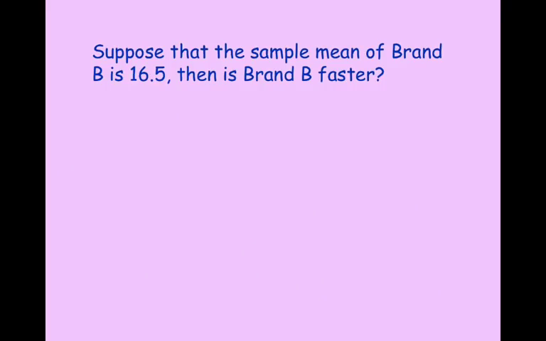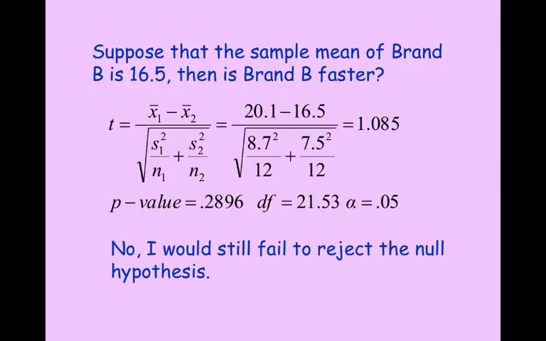What if our calculations in this test had given us a sample mean of brand B, an x bar for brand B, of 16.5? Then could we conclude that brand B is faster? So in other words, what I'm really asking you to do here is go back and do this hypothesis test again, but using a sample mean for brand B of 16.5 instead of our original answer.